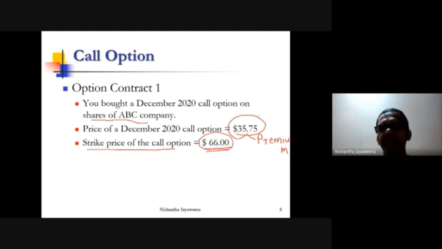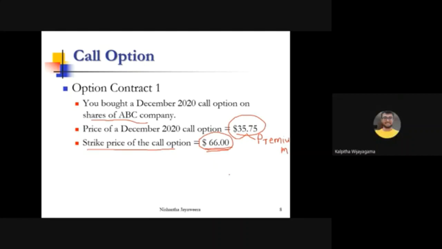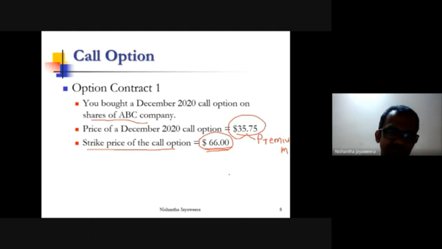This is the premium. So that option price would differ on how many options you buy, right? In the OTC market, the option price is given per unit of the underlying asset.